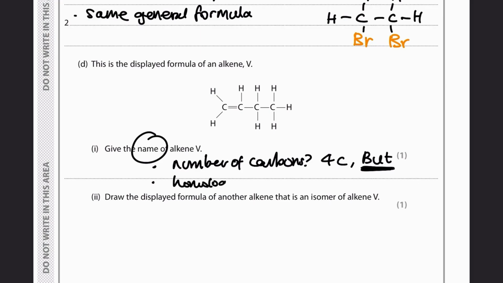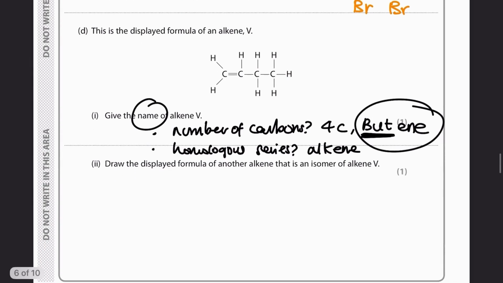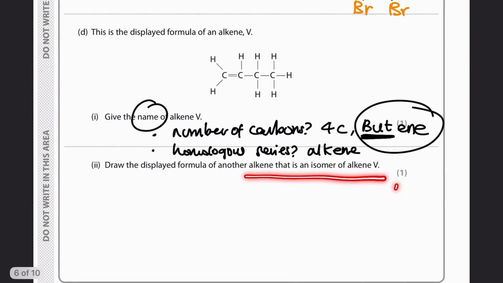Is it an alkane or an alkene? Well, I'm seeing a double bond, therefore it's unsaturated. This is an alkene. So therefore it would be a butene. And that is the answer. Butene.